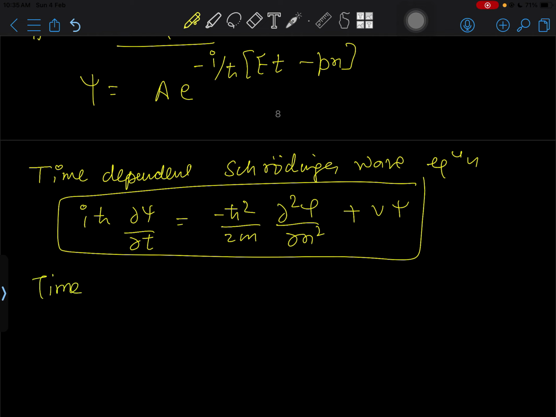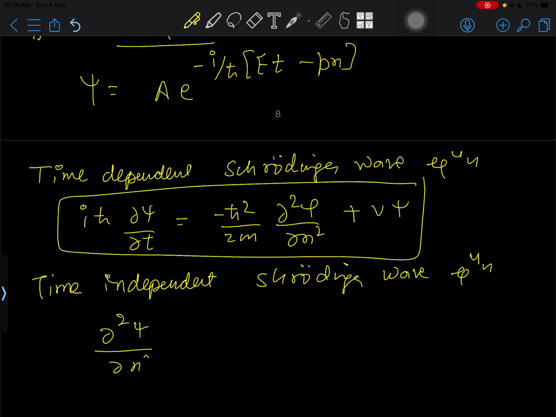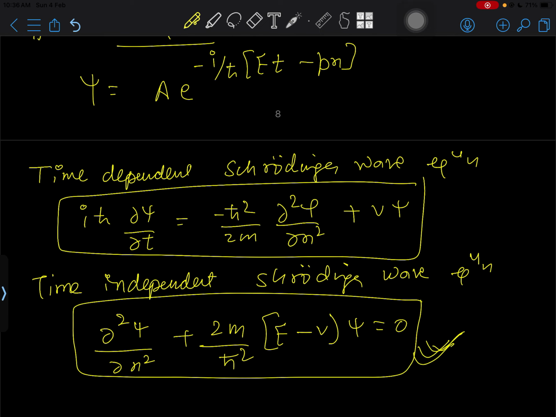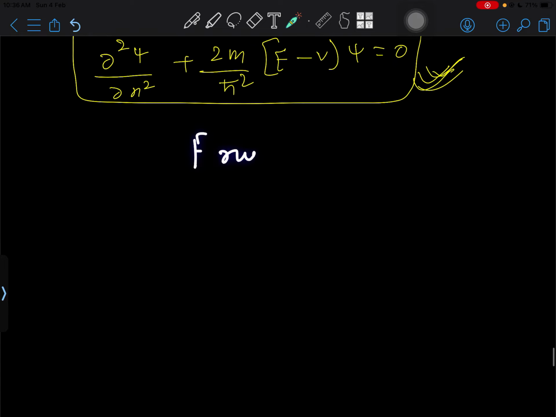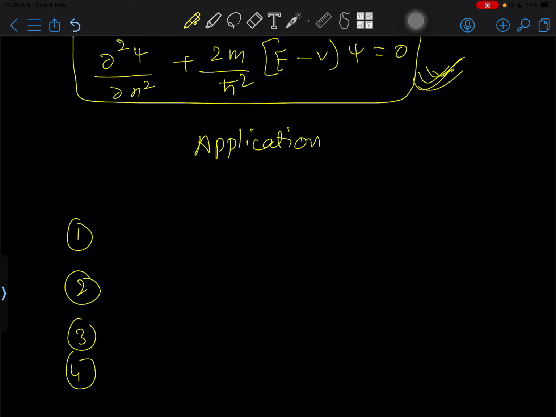And from here we also have discussed the time independent Schrodinger wave equation, where the function does not explicitly depend upon the time t. So we have discussed del square psi upon del x square plus twice m upon h cut square E minus V psi is equal to 0. And this is the particular expression. This particular expression is fruitful. It is a very fruitful result to understand the concept of four things.